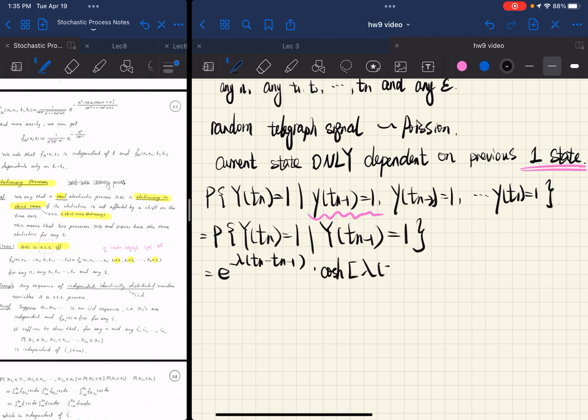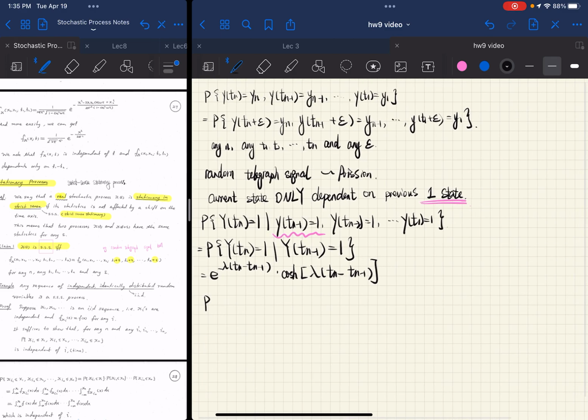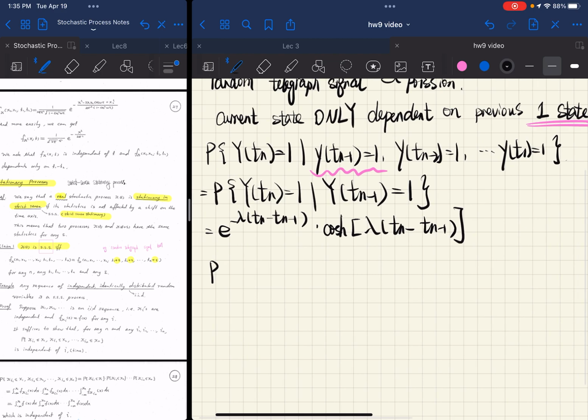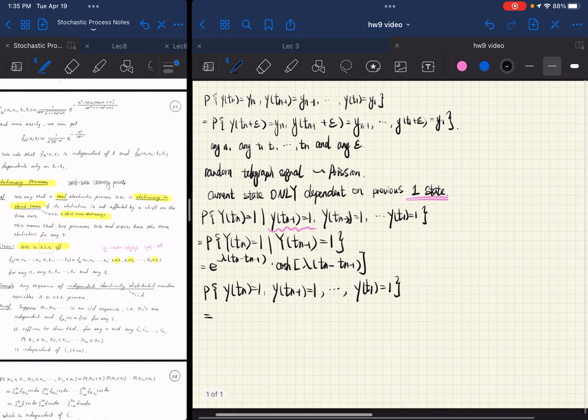So if we combine the total equation, the probability of Y(tn) equals 1 and Y(tn-1) equals 1 and etc. and Y(t1) equals 1 is equal to... let me make the previous part smaller.